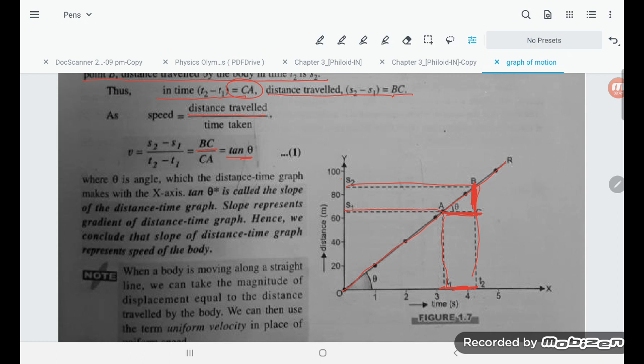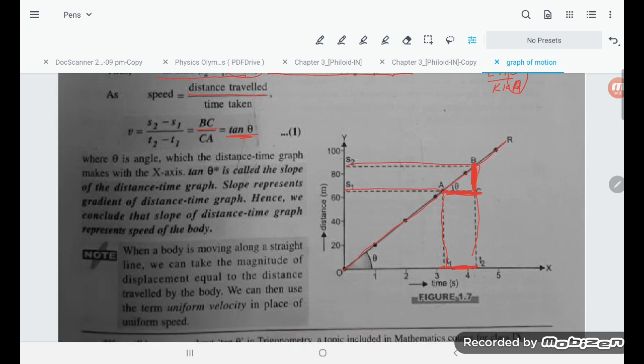Why tan theta, students? Tan theta means perpendicular by base. This is the perpendicular and this is the base.